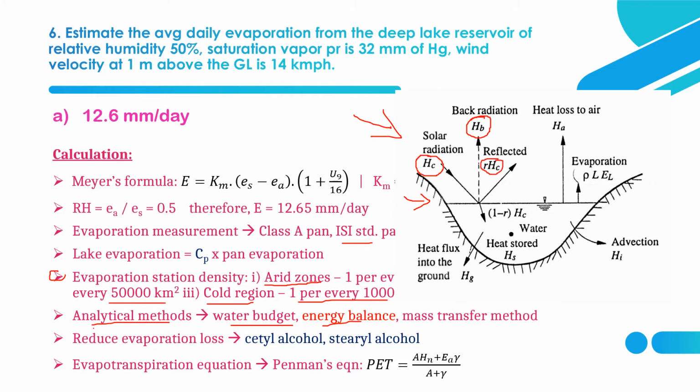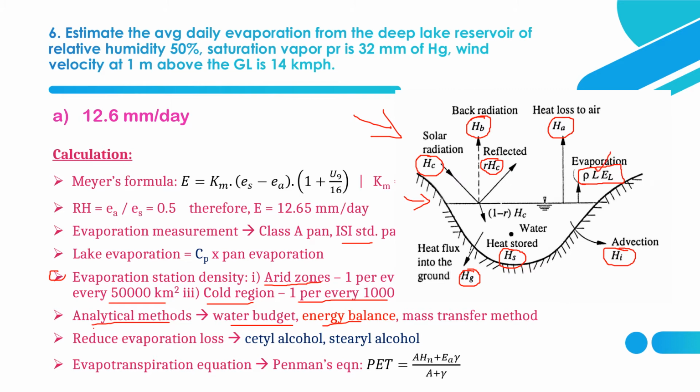Heat influxed into the ground is denoted by Hg, heat stored is denoted by Hs, advection heat is given as Hi, evaporation loss is rho L into El, and Ha is the heat loss to the air. So these are the terms involved in the analytical method of energy balance to calculate the evaporation loss.